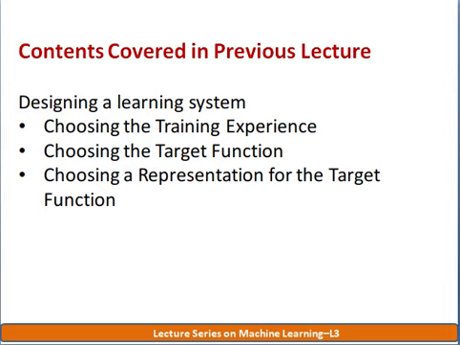At the last we discussed the partial design of the checkers learning problem, and there we discussed the task, performance measure, training experience, target function, and the target function representation.